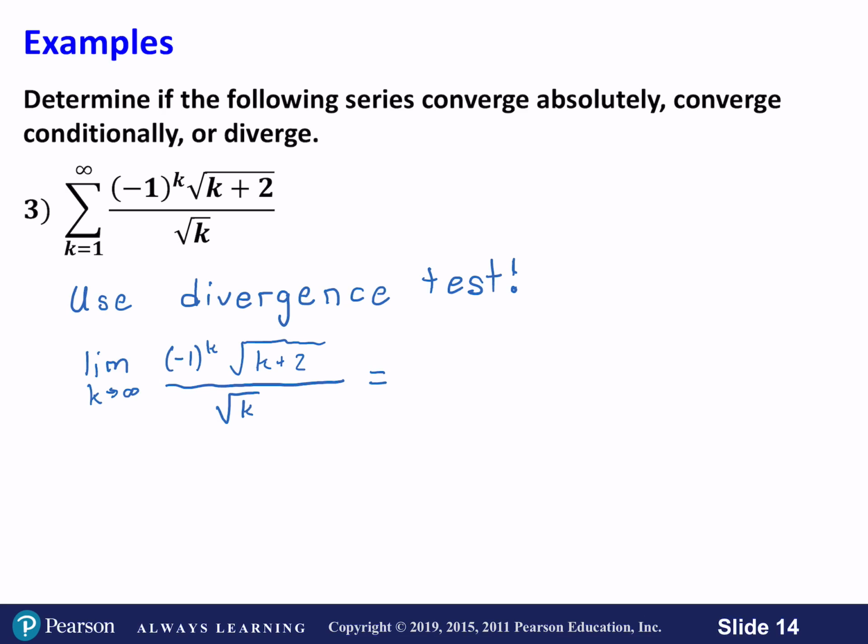Pause the video if you need to. All right. The idea is, once again, just like we did earlier, we're going to consider even k and odd k. If k is even, then we are going to get 1 because this (-1)^k will just be 1. If k is odd, we would get negative 1.